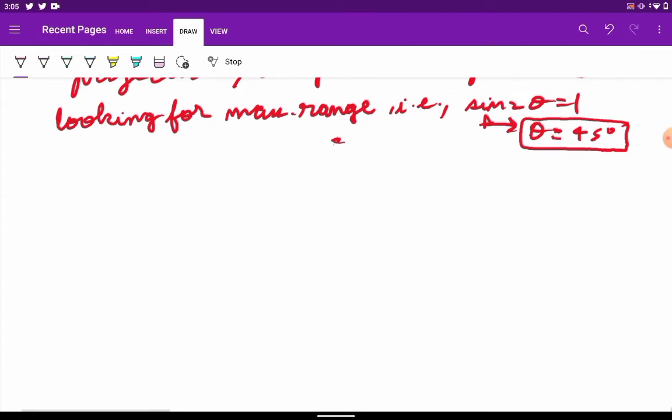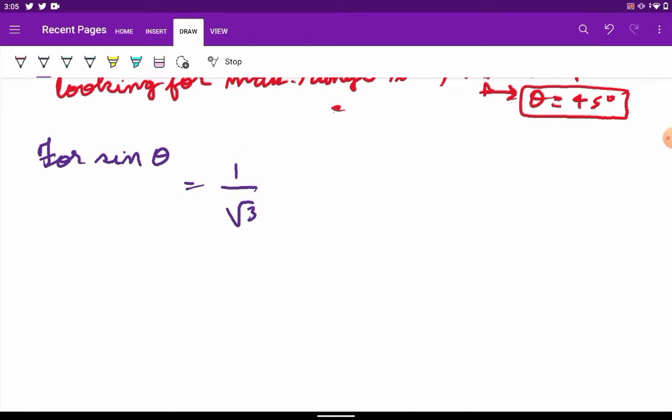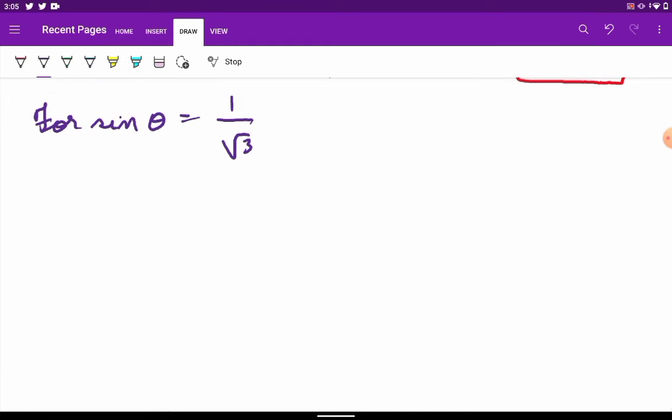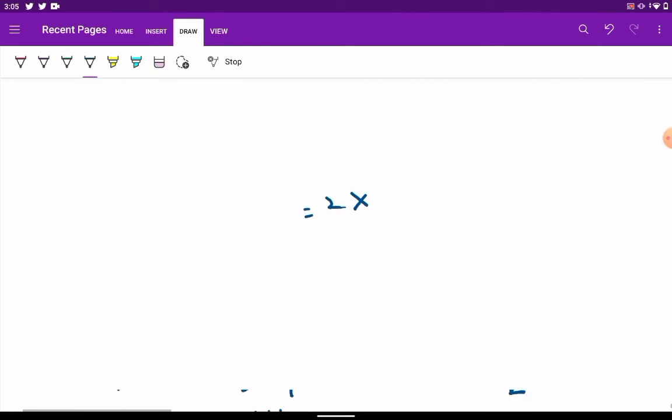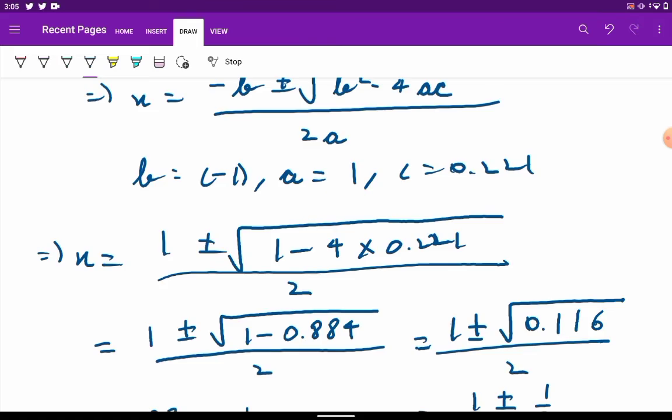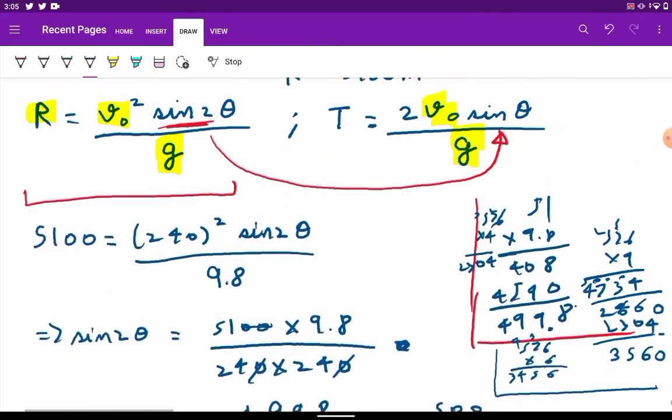So, okay, now let's calculate. For sine theta equal to 1 by root 3, your time of motion is equal to 2v naught sine theta by g, and v naught is how much? V naught is 240 if I am not mistaken.